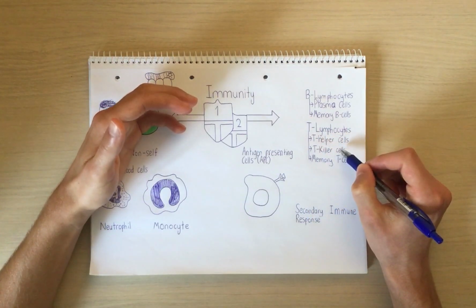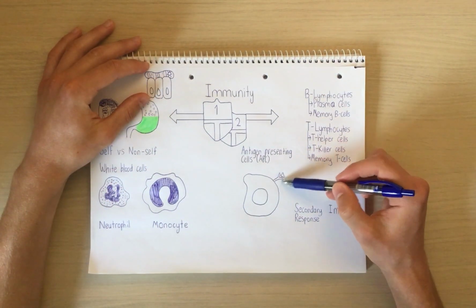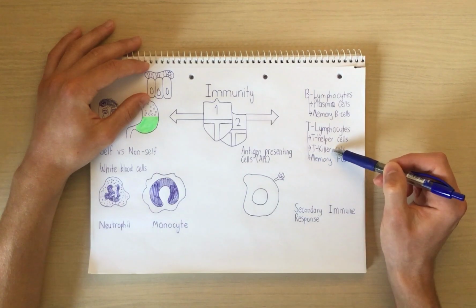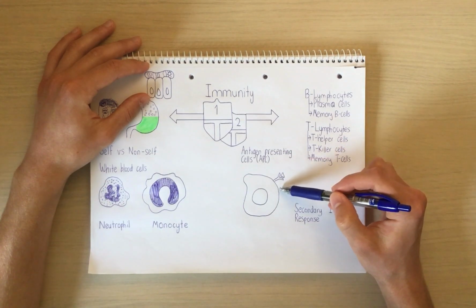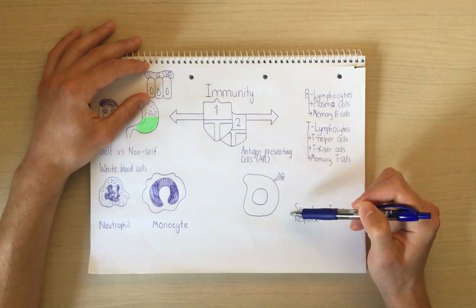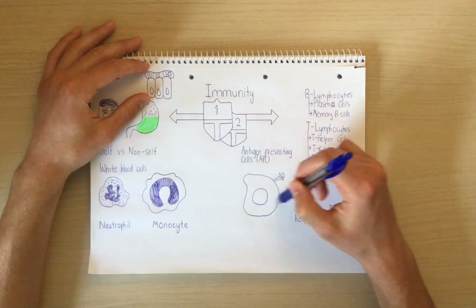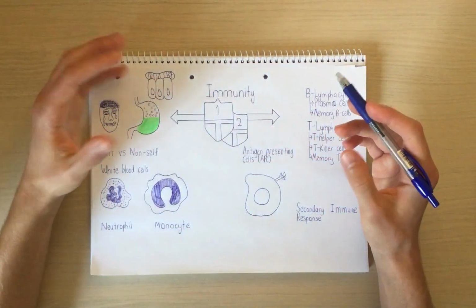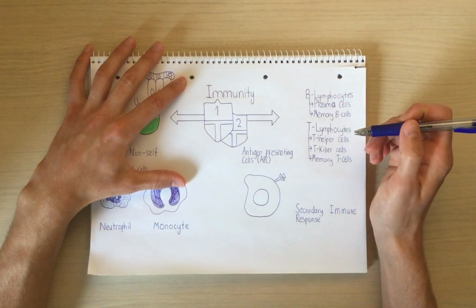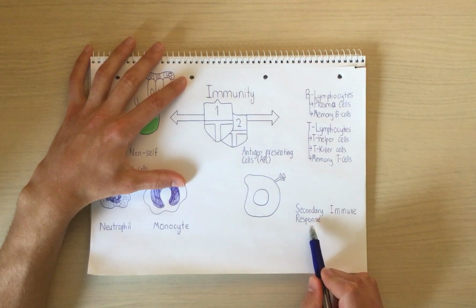The way that T killer cells work is that they bind to a cell that is presenting the certain antigen, and then they release perforins, which make holes in the cell surface membrane of that cell, allowing water to enter the cell, causing the bursting and death of that infected cell. Memory T cells we'll get back to when we reach the secondary immune response.